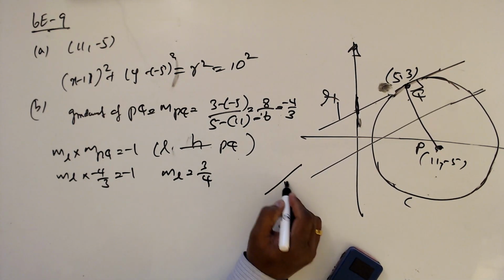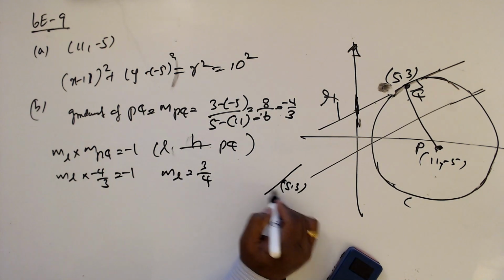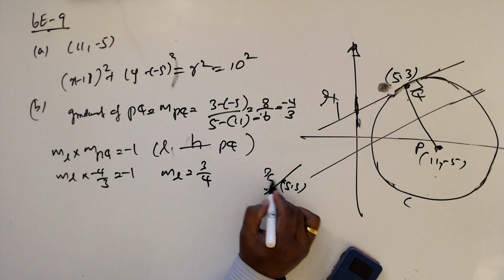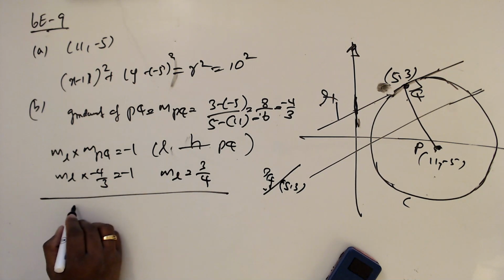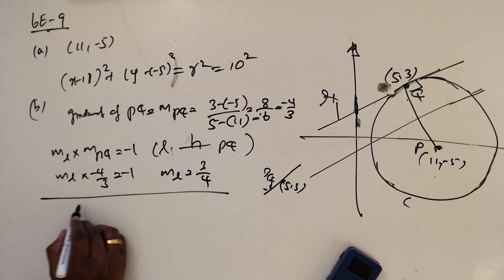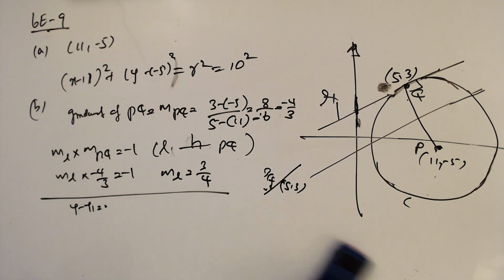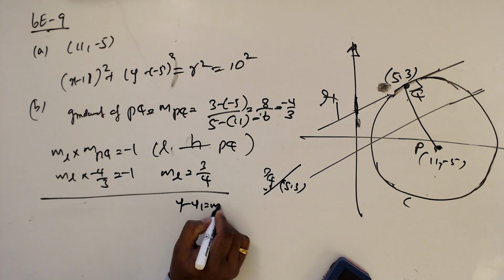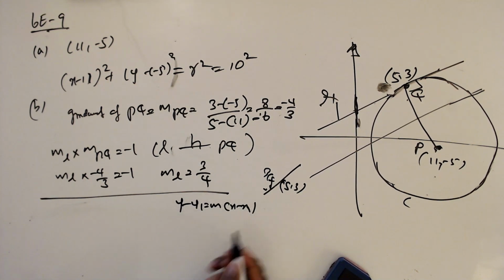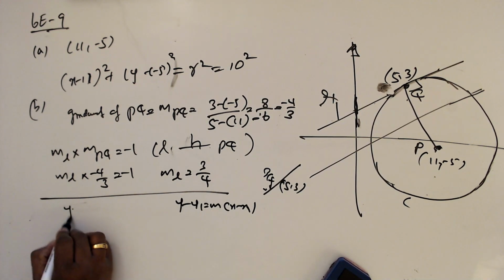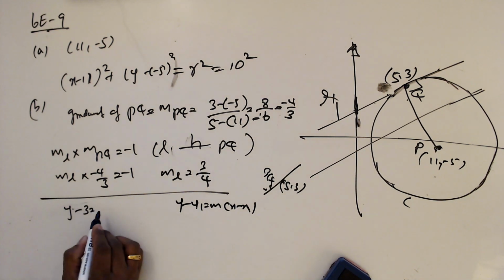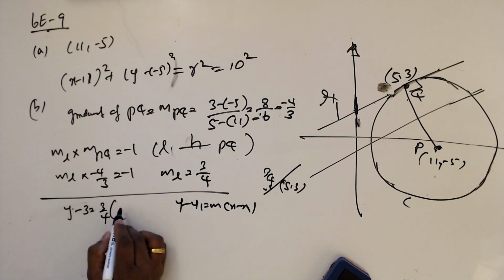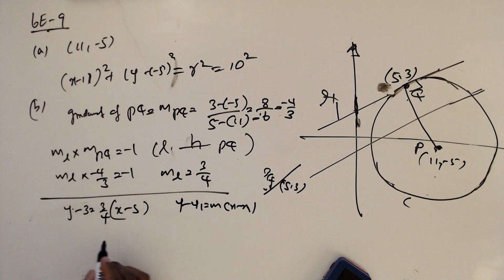Now this is (5, 3), and I know the gradient. Now I can find the equation. y - y1 = m(x - x1). So y - 3 = 3/4 (x - 5).